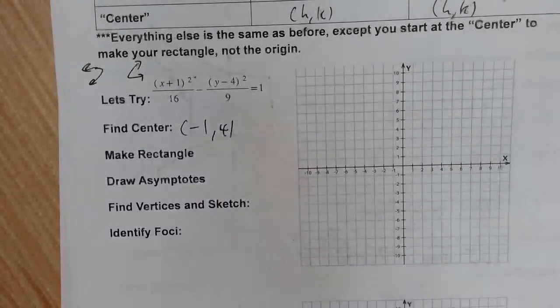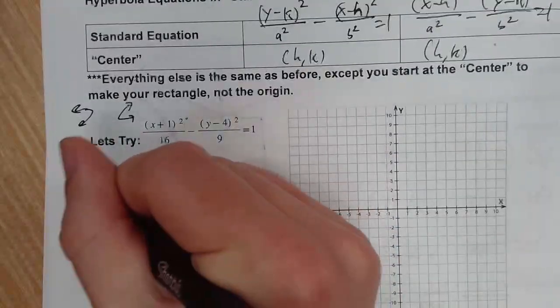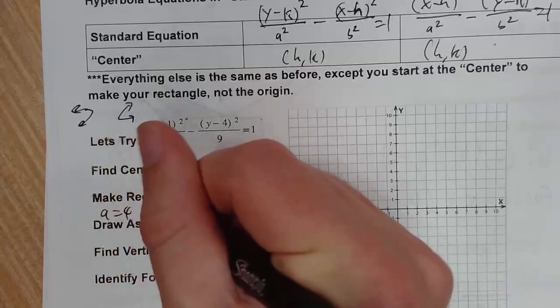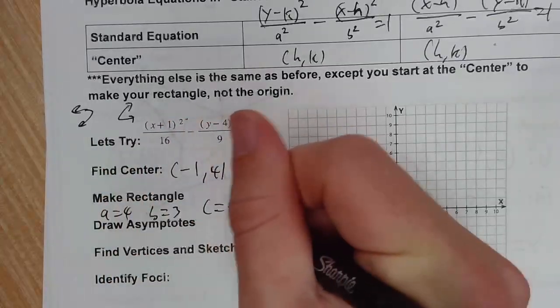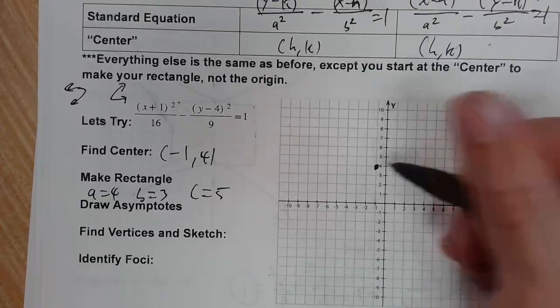And then we will make the rectangle. I'm just going to go ahead and name them: a equals 4, b equals 3. It's that same pattern. C must also equal 5. Let's plot. Negative 1, 4 is our center.